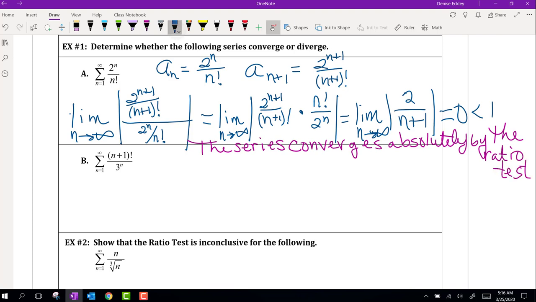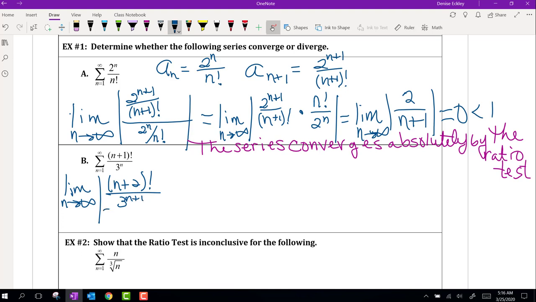Okay, letter B. Again, we have a factorial and we also have an exponential. So let's go ahead and use the ratio test. We're going to take the limit as n approaches infinity of, now this is going to give me n plus 2 factorial, because I'm adding n plus 1, over 3 to the n plus 1.